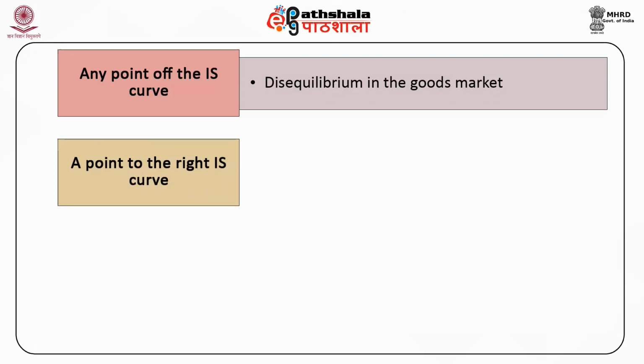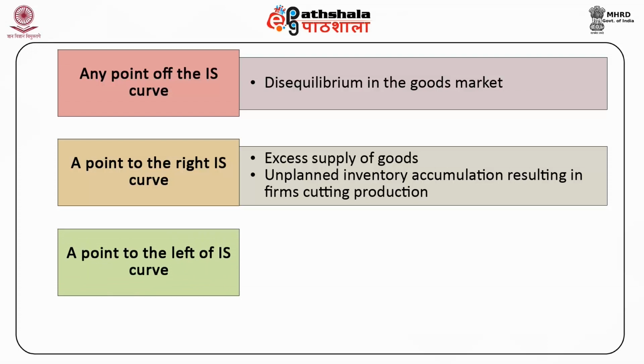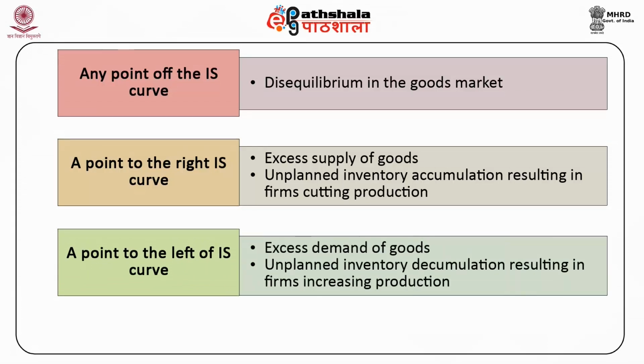A point to the right of the IS curve indicates excess supply of goods. This results in unplanned inventory accumulation, resulting in firms cutting production. A point to the left of the IS curve indicates excess demand for goods. This results in unplanned inventory decumulation, resulting in firms increasing production.